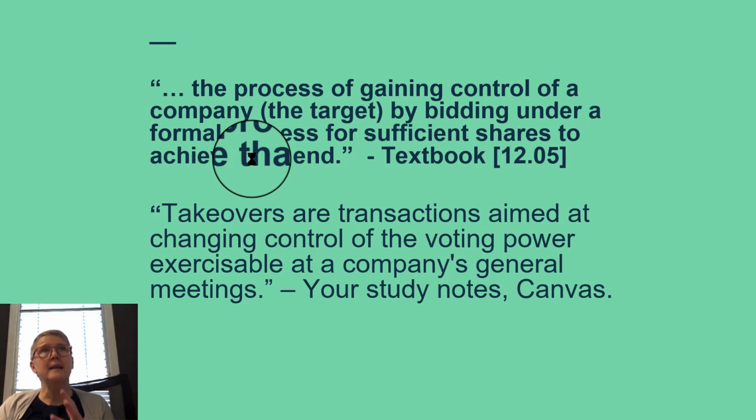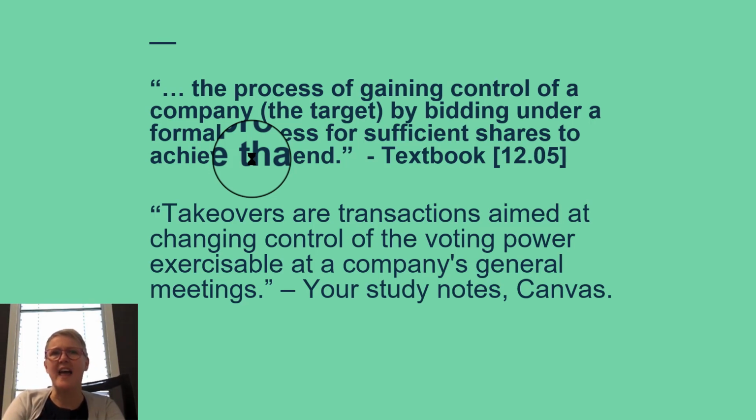In this subject, we talk about takeovers in the context of a process of gaining control of a company, the target, by bidding under a formal process for sufficient shares to achieve a takeover.